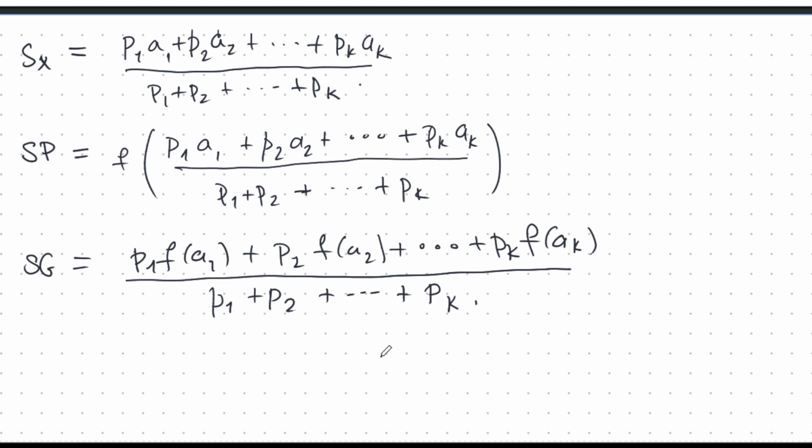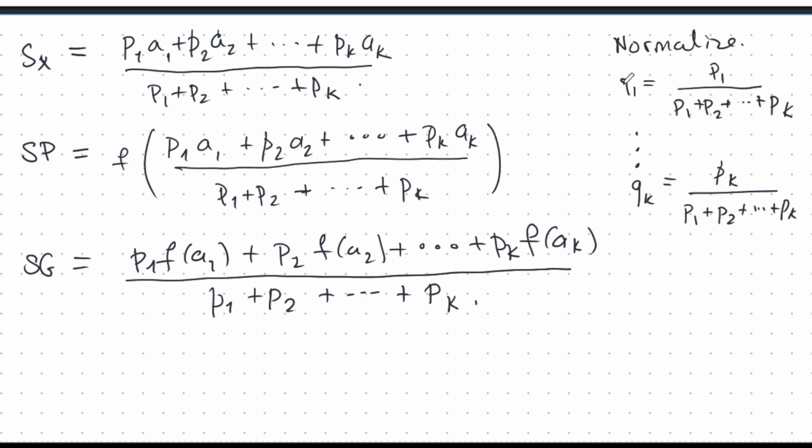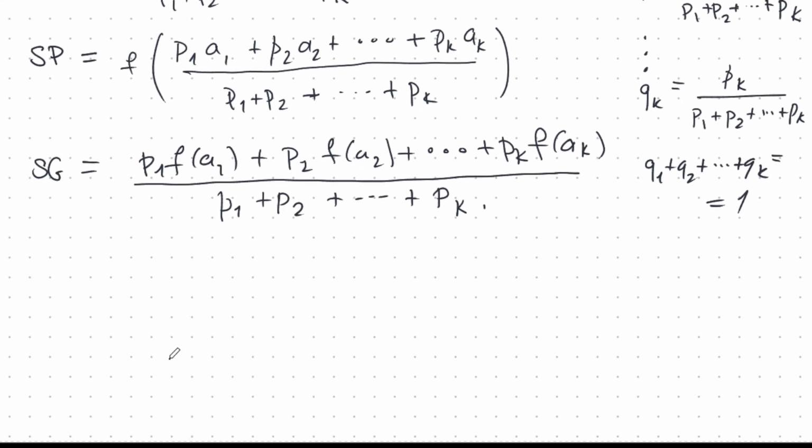So these expressions are unwieldy. So let's introduce normalized weights. Our normalized weights will be Q1 up to Qk, and of course, they're going to sum up to 1: Q1 plus Q2 plus all the way up to Qk equals 1. Using normalized weights, these expressions become a lot simpler.